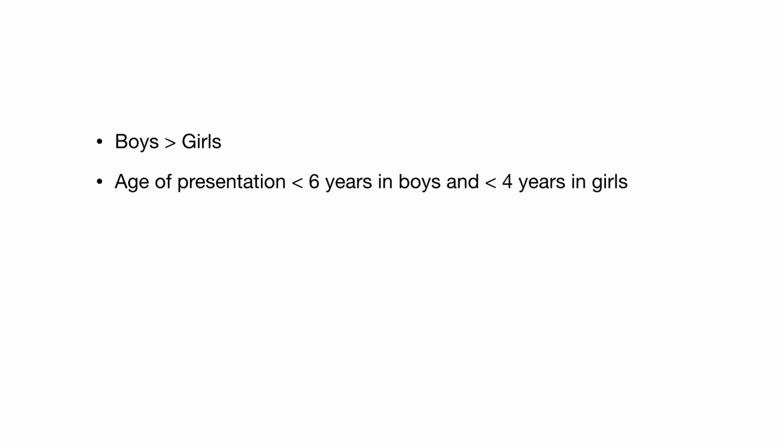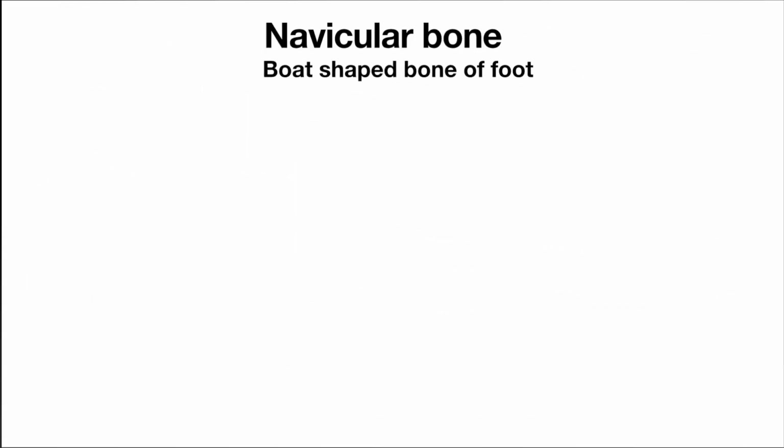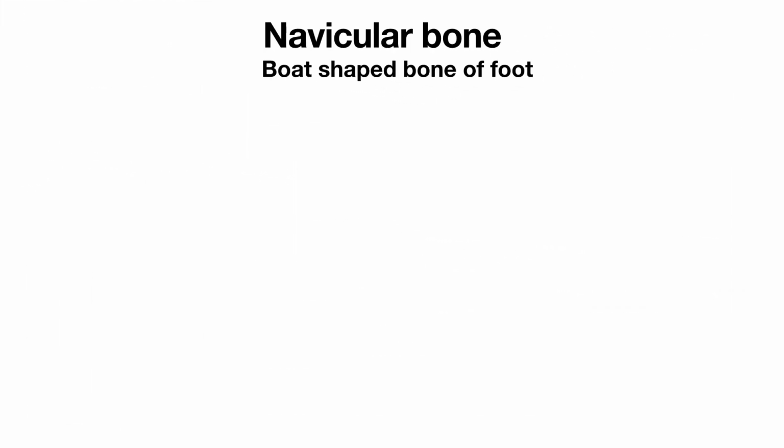Now, coming to the most important part, that is the anatomy of navicular bone. To understand the pathophysiology behind Köhler's disease, you need to understand the anatomy and the vascular supply of navicular bone. Navicular bone is a boat-shaped bone of foot.